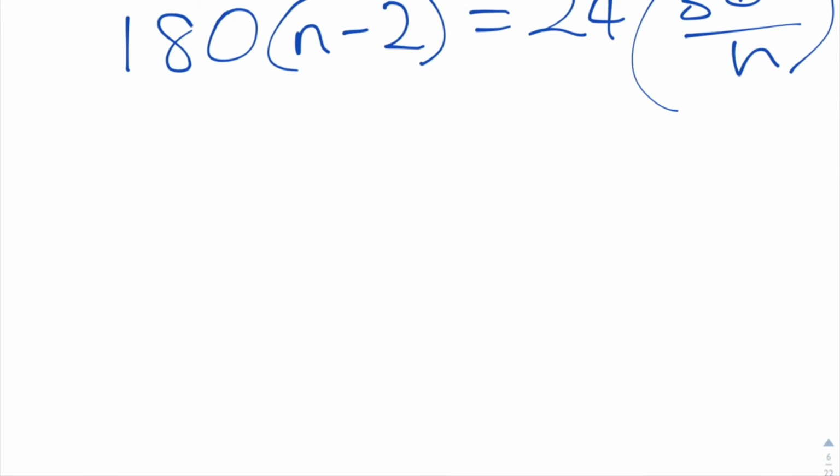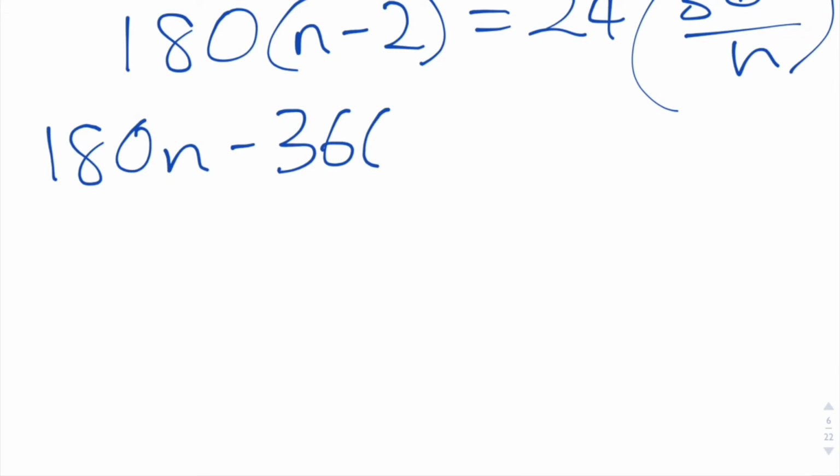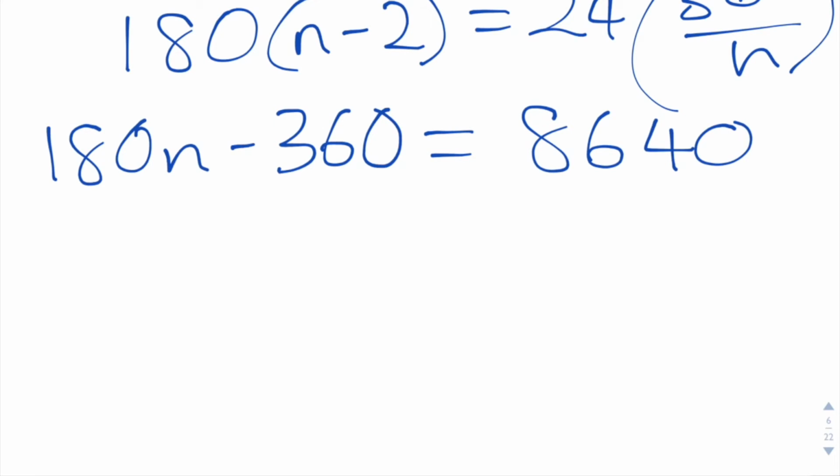So I'd say the first step is we could expand out the brackets on both sides. So we get 180n minus 360 is equal to 8,640, if my calculations are correct.